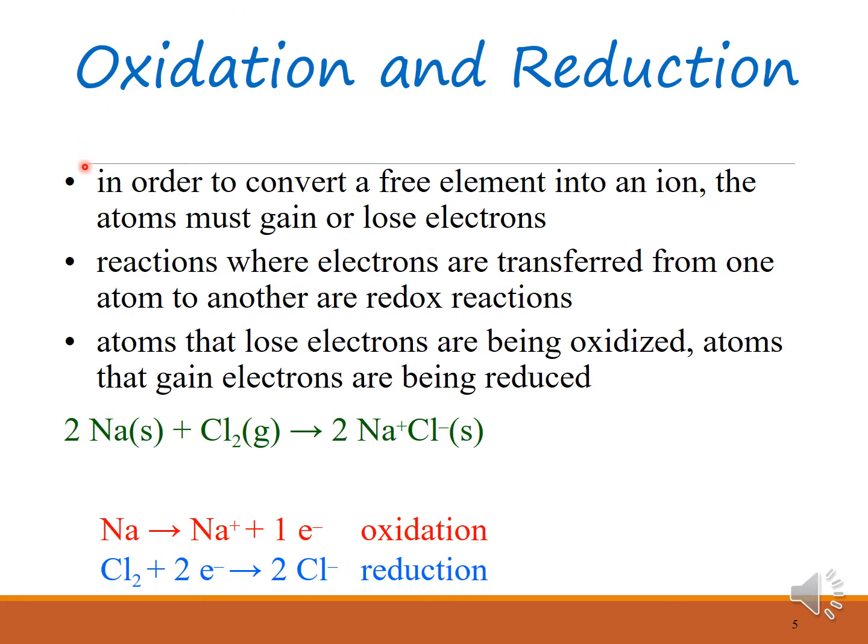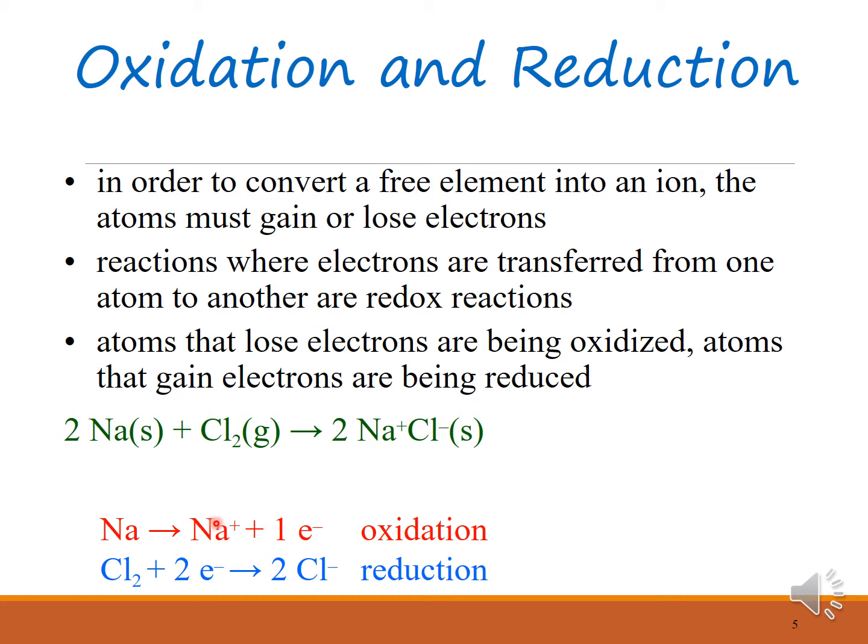Children, on the basis of gaining and losing electrons, look carefully at this combination reaction where sodium and chlorine combine to give sodium chloride. If sodium is transforming into a sodium ion, it is losing one electron. Turning of sodium into a sodium ion, or of any element into a cation, means it is undergoing oxidation.